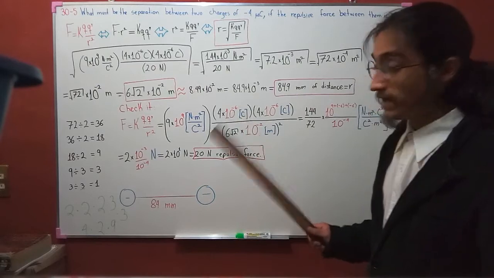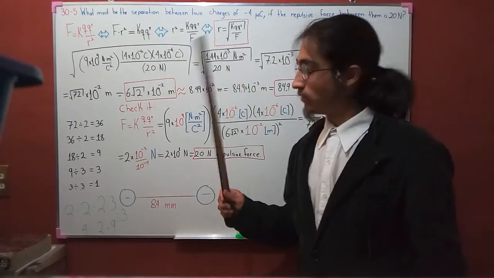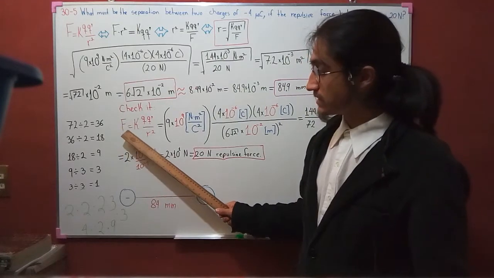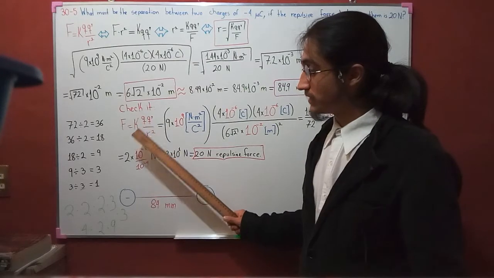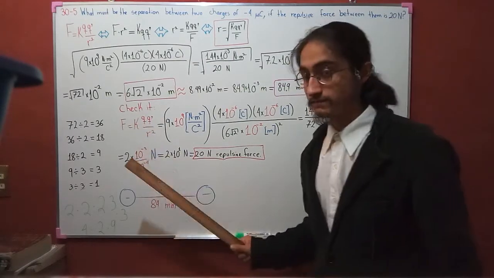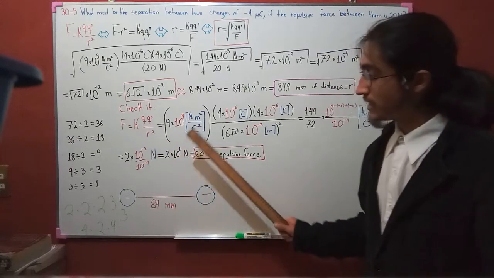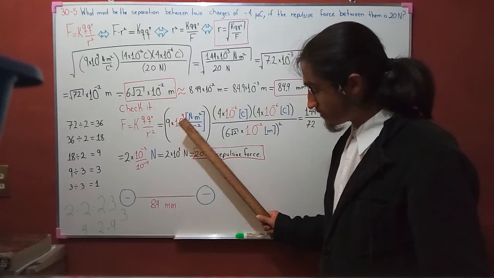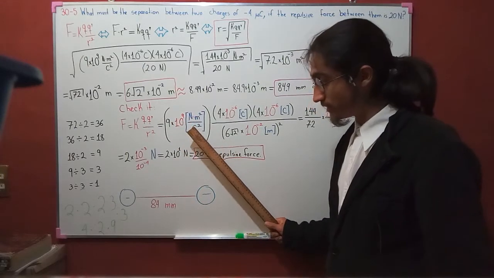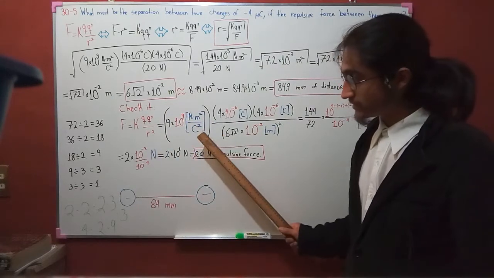Now we have to check it. So by the law of Coulomb, the force is equal to K multiplying Q prime divided by r squared. Now K has this magnitude, 9 times 10 raised to the power of 9 Newton meter squared divided by Coulomb squared, closed by parentheses.